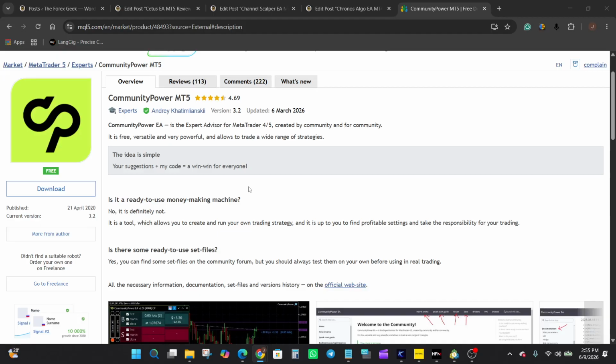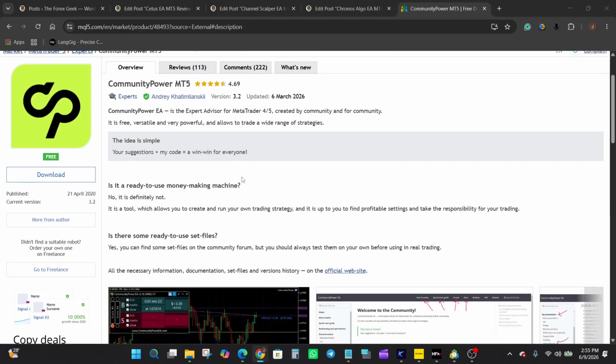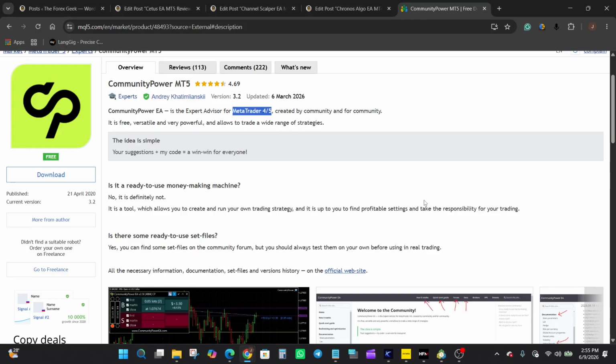From what I can see here, it supports MetaTrader 4 and MetaTrader 5. So I'll be treating it as a dual platform expert advisor throughout this review. The version listed is 3.2, last updated on 6th March 2026. And it is positioned more as a community-driven tool rather than a fixed commercial strategy.